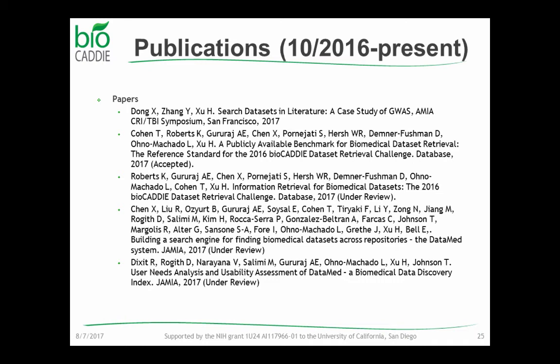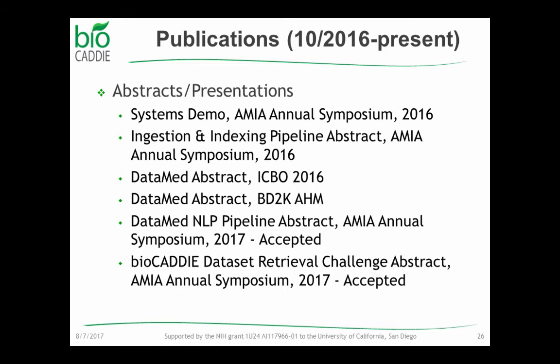One is about DataMed, an architecture and technology paper under review at JAMIA, and the other is about the user study, also under review for the JAMIA special issue. In terms of abstract presentations, we have presented at AMIA, at ICBO, and at the BD2K all hands meeting, and we also have two more presentations coming up at the 2017 AMIA conference.